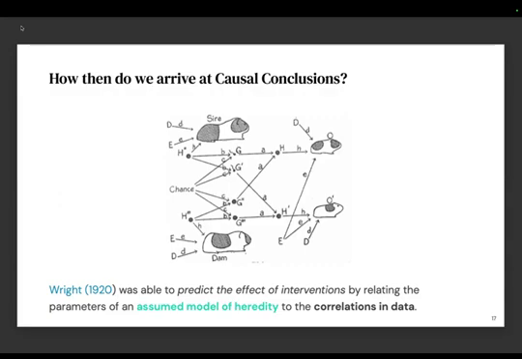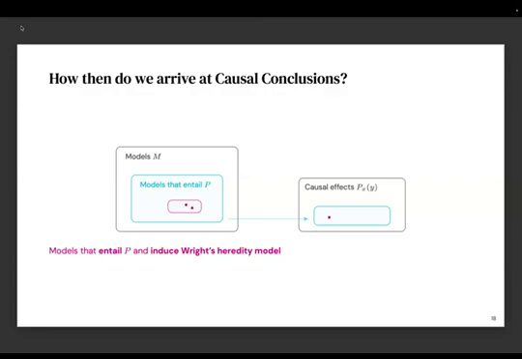And so if you take this model approach, a way to understand what he did is really, with his additional model, he was able to further constrain the space of compatible models with its data and its assumptions. And these further restrictions then generated a smaller subset of models that he had to consider. And in his case, any two models compatible with his assumptions always gave the same effect of intervention, the same causal effect, right?